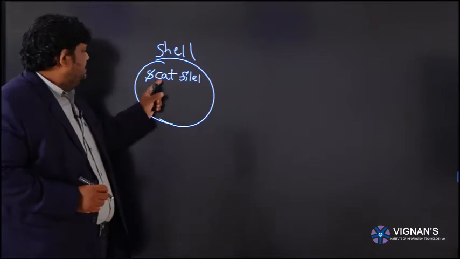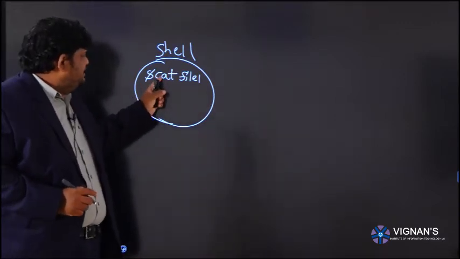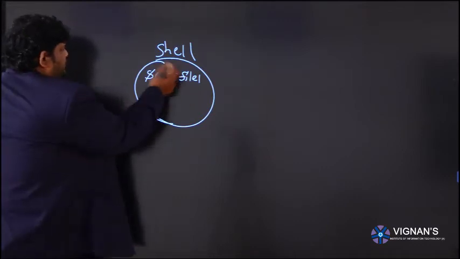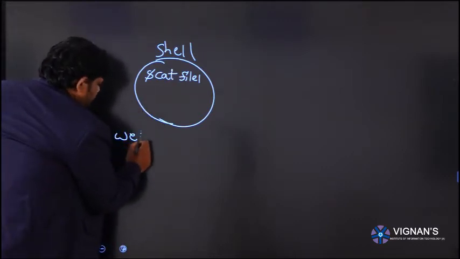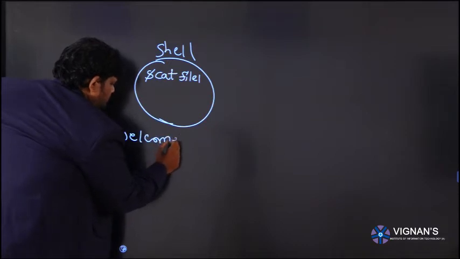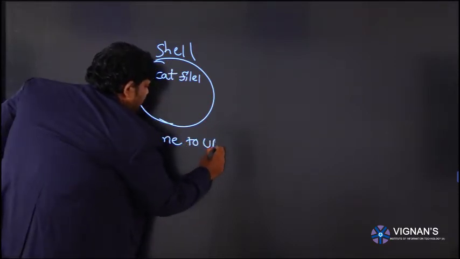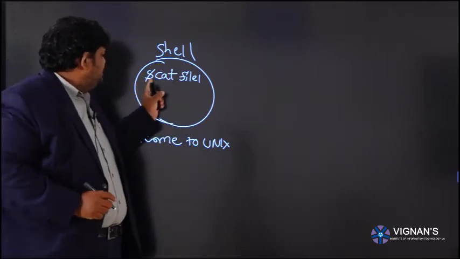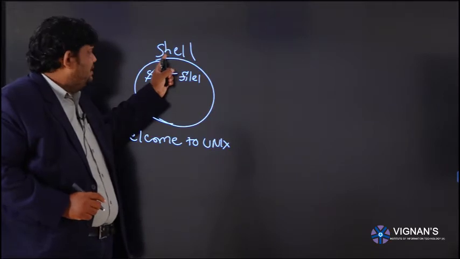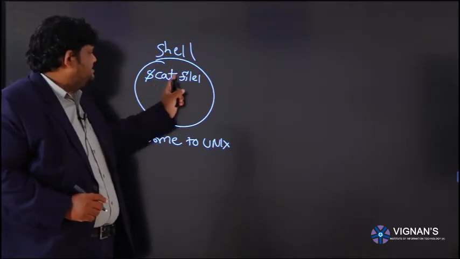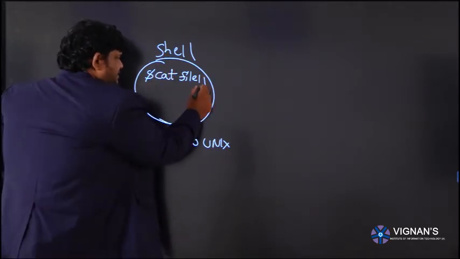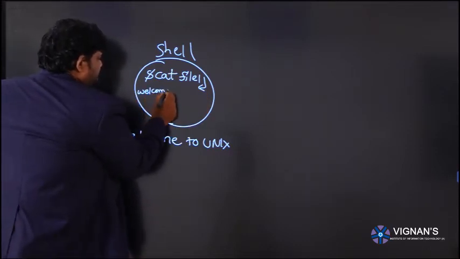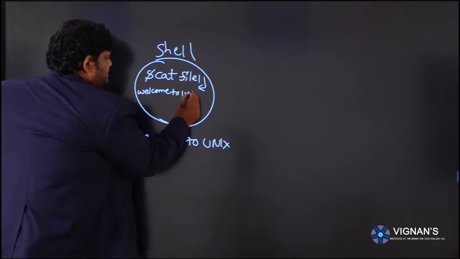The aim of this command is to display the content present in file1. Assume file1 contains welcome to Unix. If you type this command at the shell prompt or command line interpreter, cat space file1, after enter, this is the output we will get: welcome to Unix.